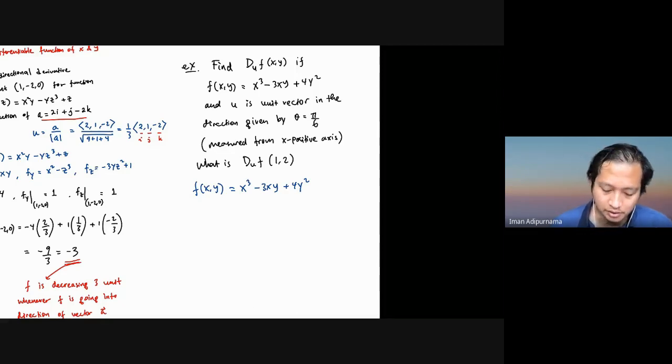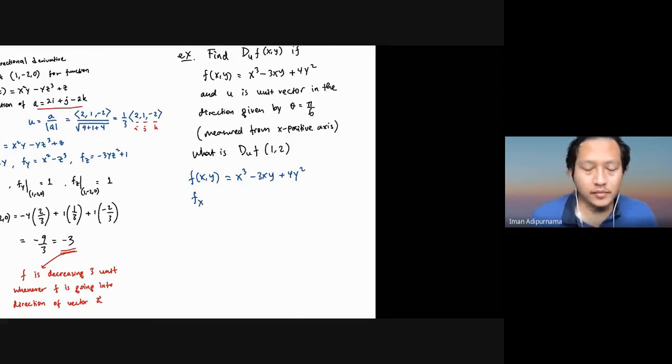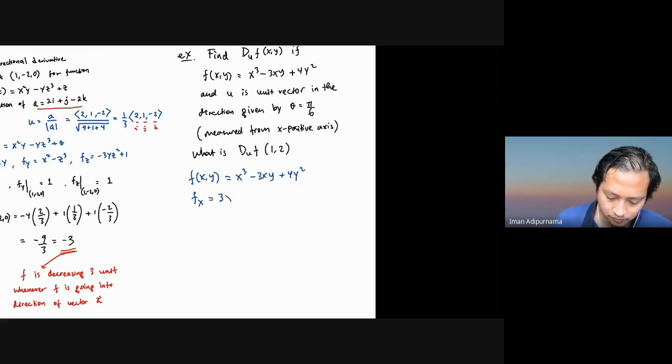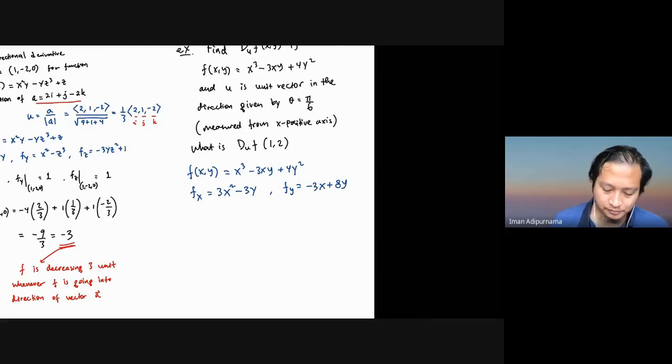So you can find the partial x and partial y first, and then you can see the directions or the unit vector. Okay, at least we have the partials.